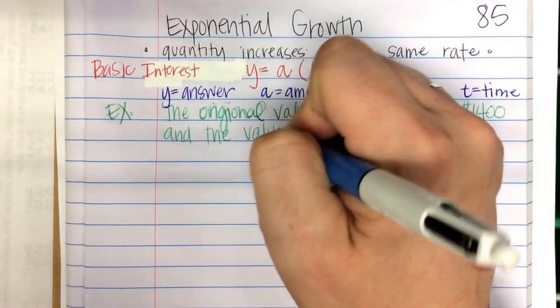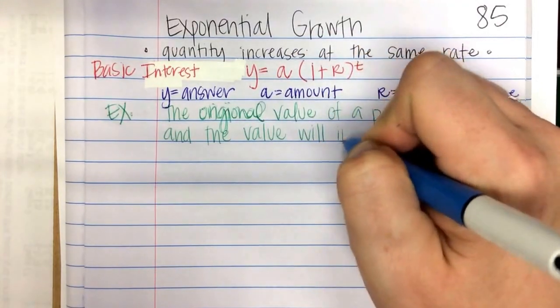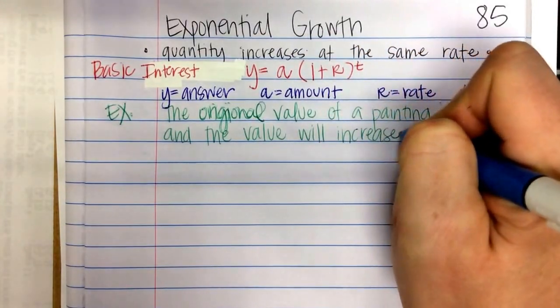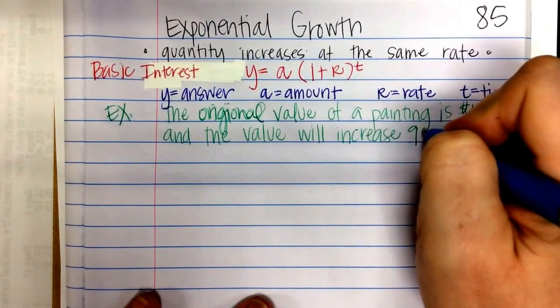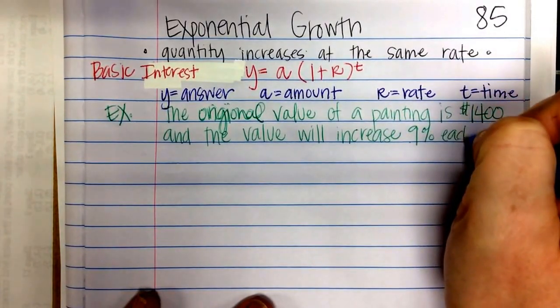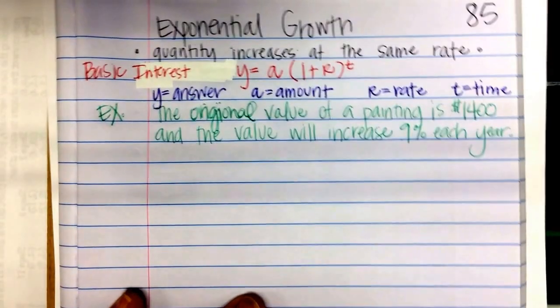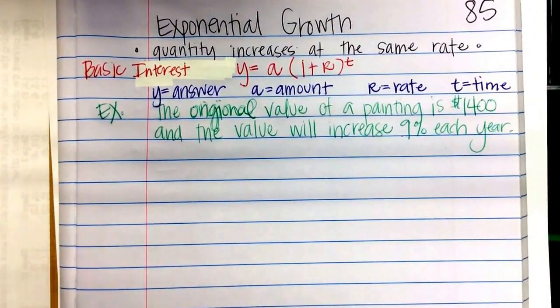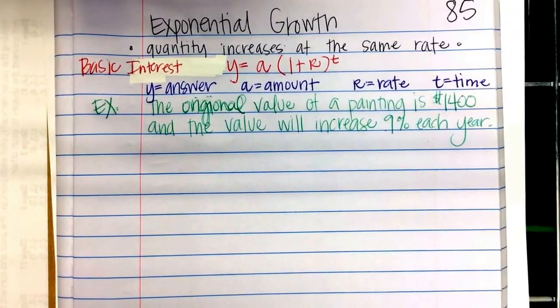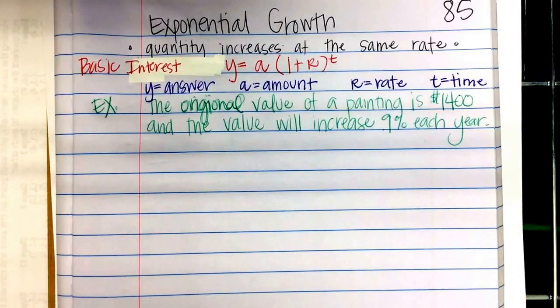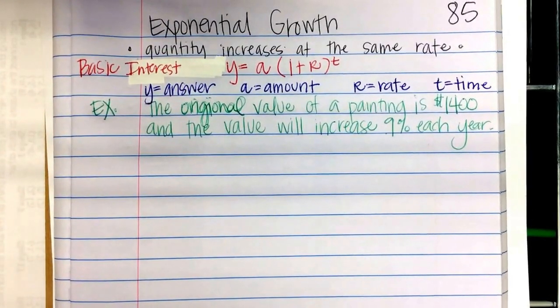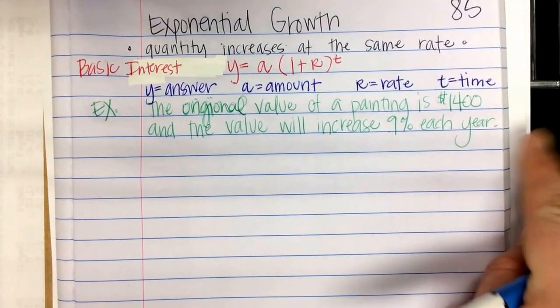And the value will increase 9% each year. So if I'm at an art studio and they've got a painting there for $1,400, and it's a famous artist, so I know it's going to increase in value, and it increases 9% each year.